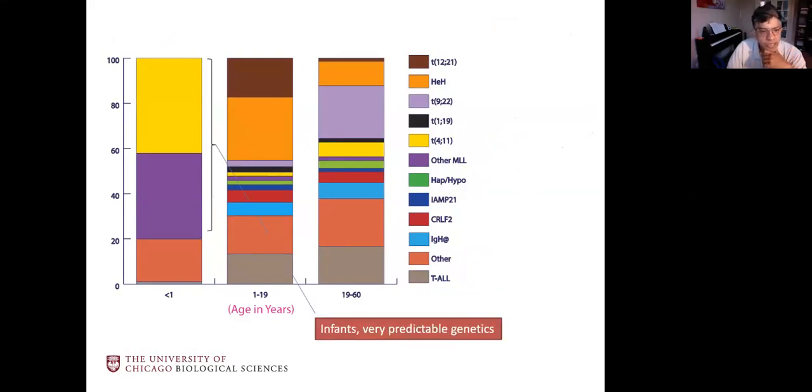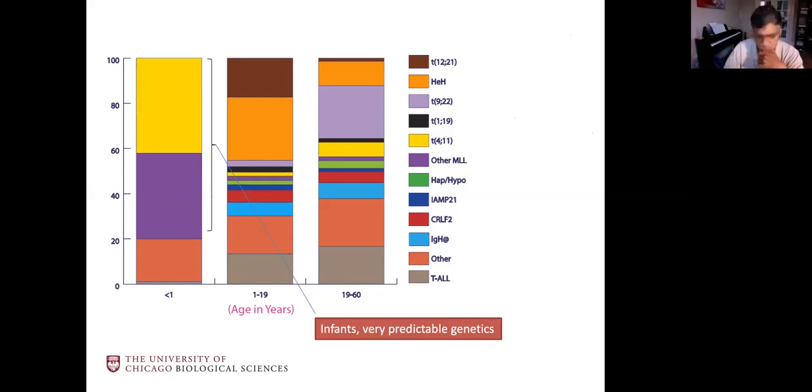You can see that a substantial proportion of patients actually have the yellow, which is the t(4;11). And as you know, the 11 involves the MLL gene. And the other purple group represents other MLL. So a big proportion of congenital B lymphoblastic leukemia is very predictable and is related to MLL. So that's one thing you should remember.